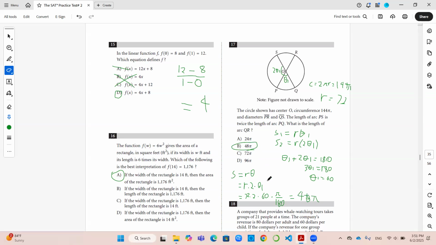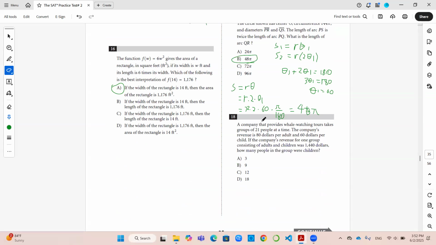B as in boy. A company that provides whale watching tours takes groups of 21 people at a time. The company's revenue is $80 per adult and $60 per child. If the company's revenue for one group consisting of adults and children was $1,440, how many people in the group were children?